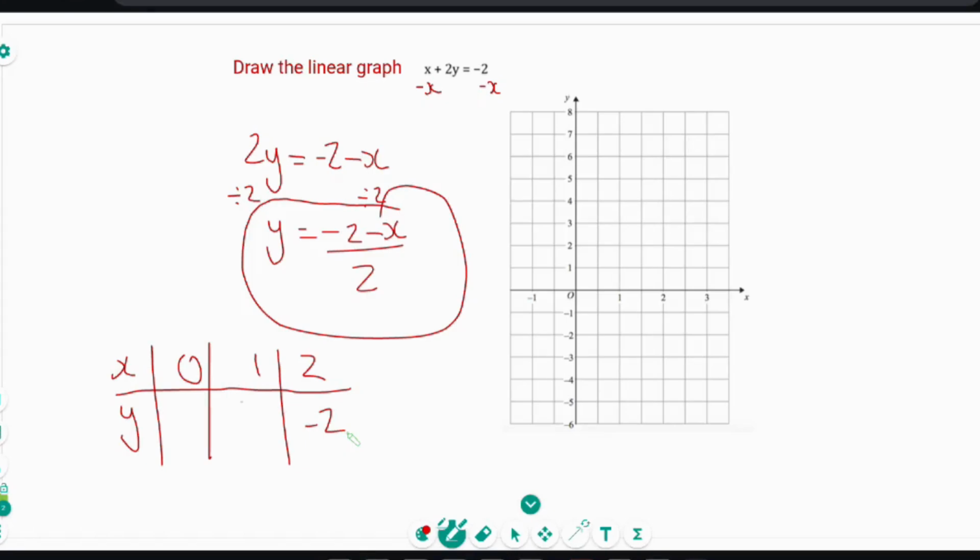Minus 2, take away 1, all over 2, negative 1.5. Minus 2, take away 0, all over 2 is negative 1. So we have 2, negative 2, 1, negative 1.5, and 0, negative 1. Let's join this up to make a nice straight line here.